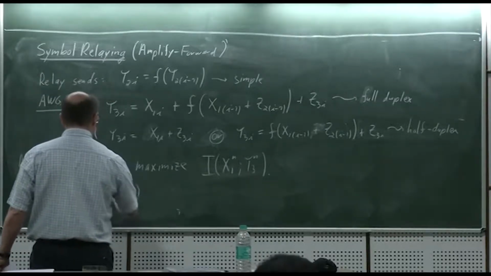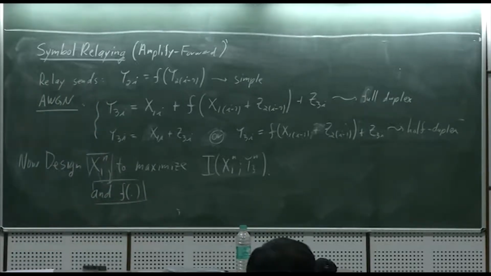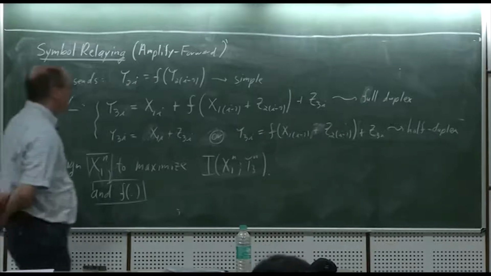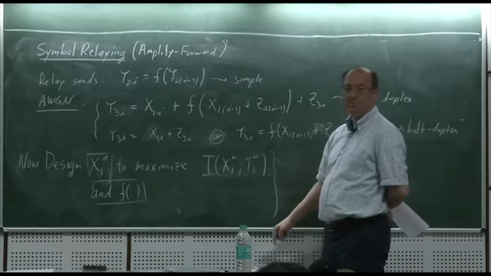That's the problem. Now the nice thing about this kind of relaying is, A, very simple relays, no coding, nothing like that. B, we just now have to optimize the input and the function, of course, but sometimes the function might be chosen for us. One interesting thing, though, is this channel now has memory.